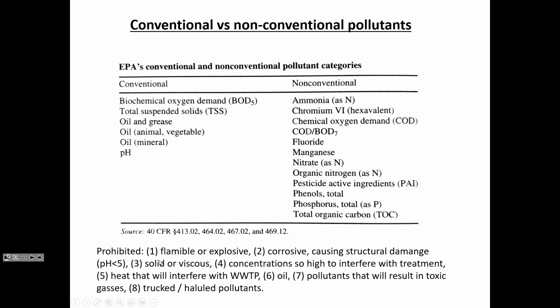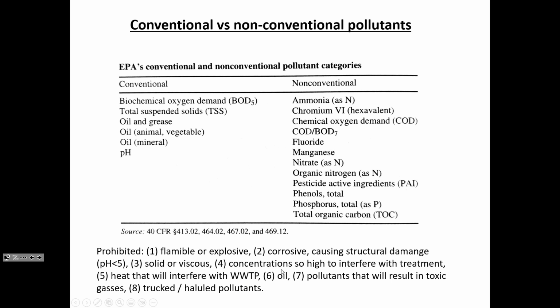If it has a lot of collagen or gelatin, and then when that is cooled down to the temperature that it's going to be in the sanitary sewer, it could become much more viscous or even set up as a gel. So any kind of pollutant that would have a dramatic change in its viscosity when it enters the sanitary sewer would be prohibited because it could have a clogging effect.